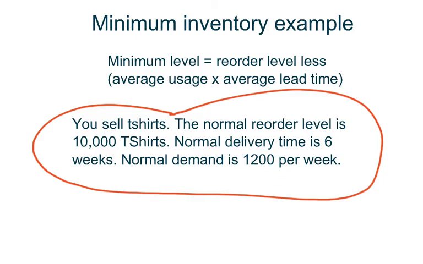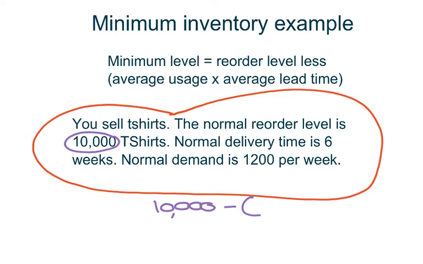So let's do this example, and our formula is saying use the reorder level. What is our reorder level? Our reorder level is given as 10,000. So let me write it there, 10,000 less. All right.